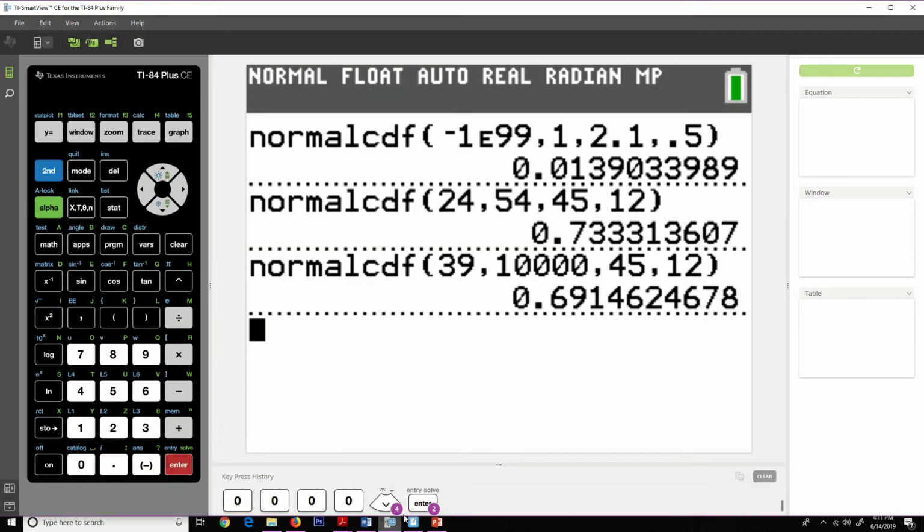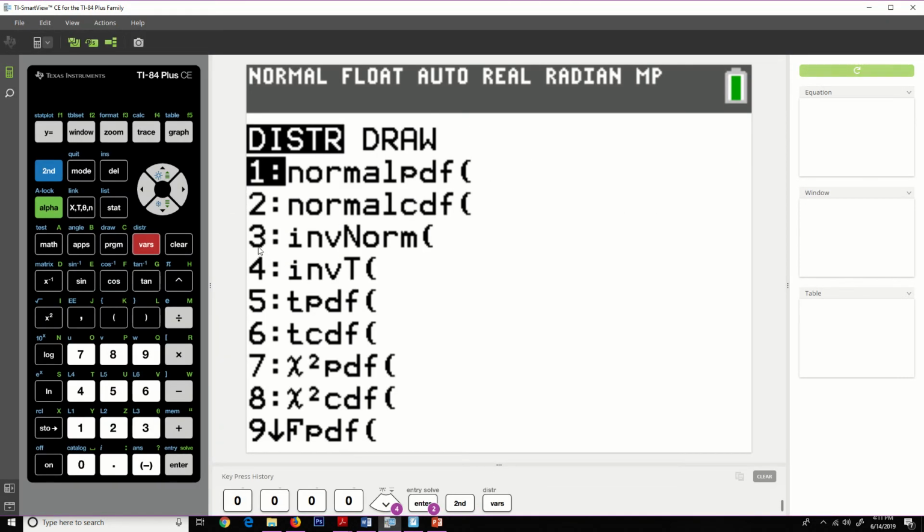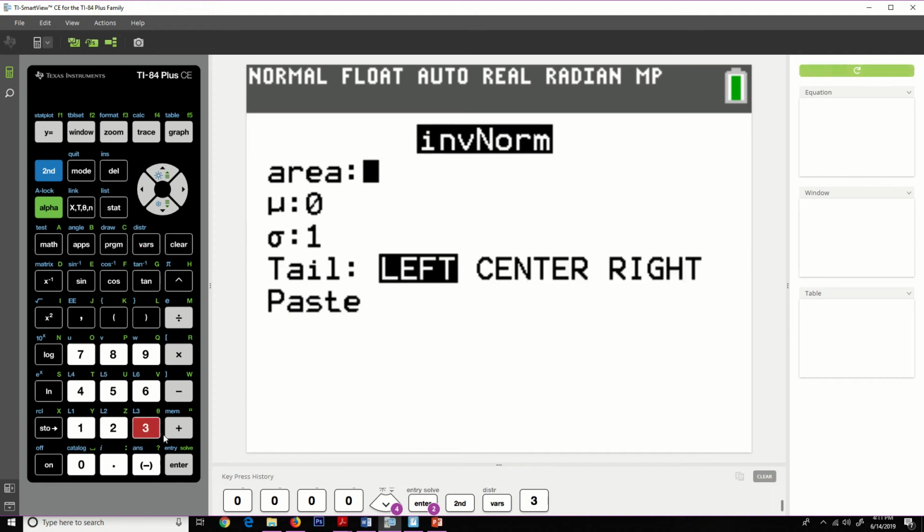If we go to our graphing calculator and back to that distribution, the third one is inverse normal, so we hit 3. We want the area under the curve. If it's 70%, we put in 0.7. Since this is a standard normal curve, we can do this.